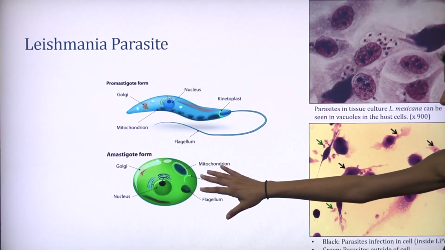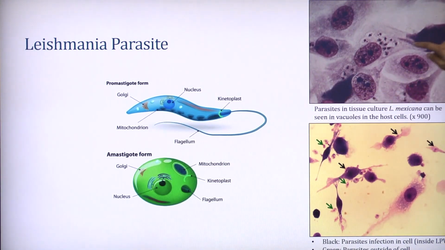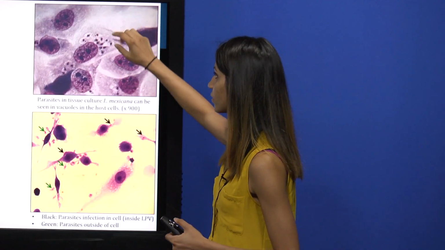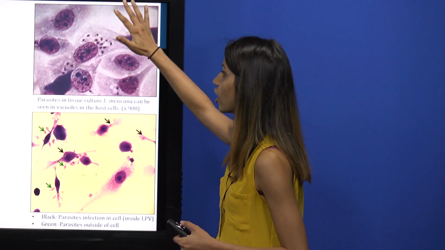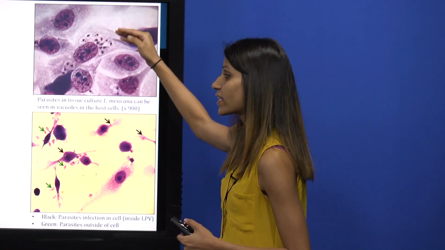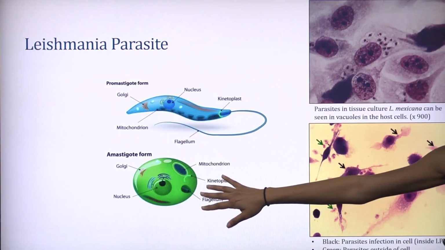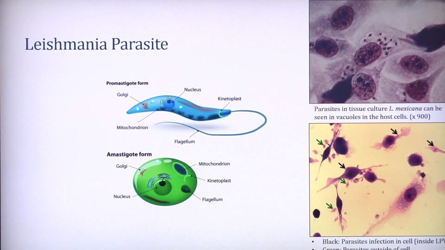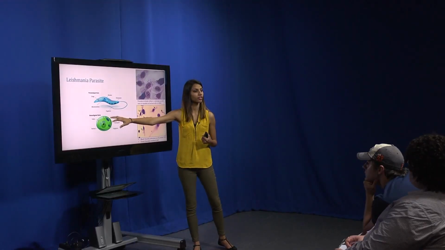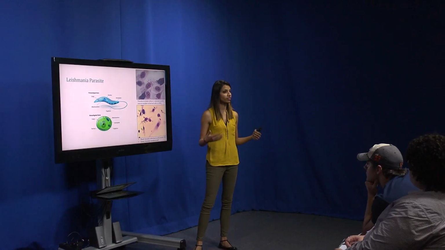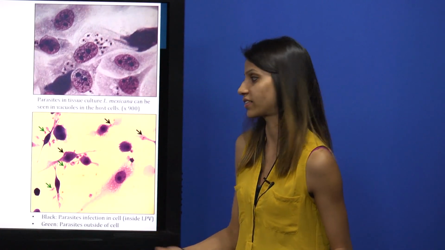Once it's inside the cell, you will see here, these are Leishmania parasites, this is one cell, this is the nucleus of the cell. Once they are inside the cell, they convert into the amastigote form, where they don't need to have the flagellum, but they do need to have all the other metabolic organelles to be more active.